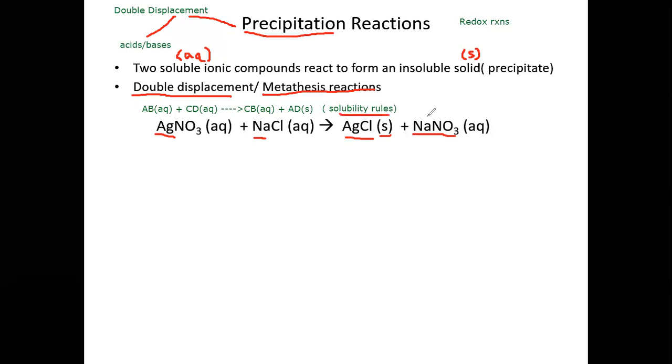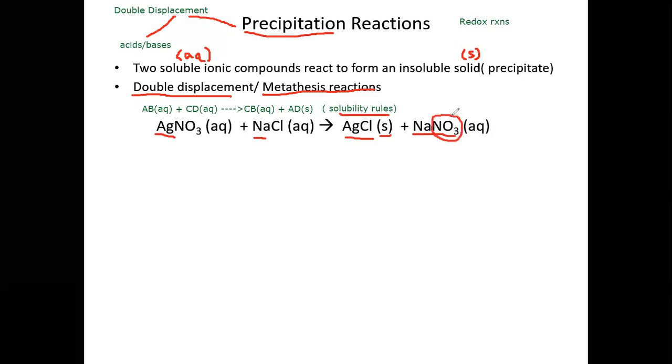Now, I'll give you some tips along the lecture, but all nitrates are soluble. So anytime you see a nitrate compound, it's always going to be soluble. That's tip number one. So whenever you're writing these equations, if you see a nitrate compound, that's NO3 as an anion, it's always going to be soluble.